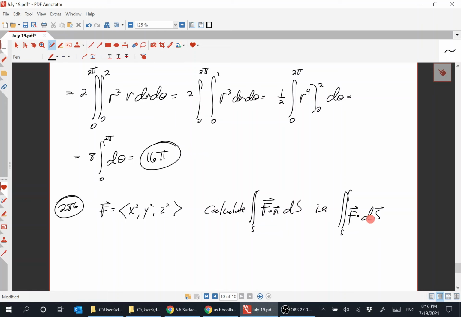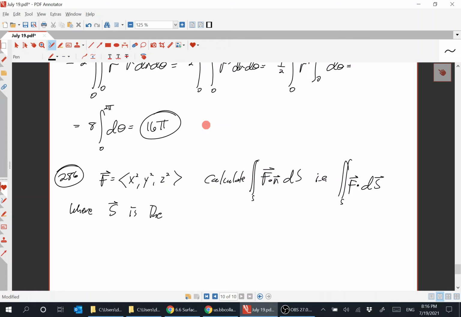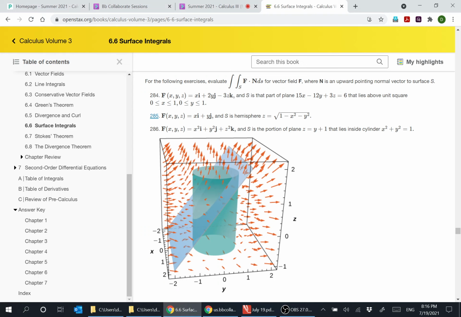I like this notation better. Anyway, it doesn't matter so much. Where S is the upwardly oriented surface, the plane z equals y plus 1 that's inside the cylinder.